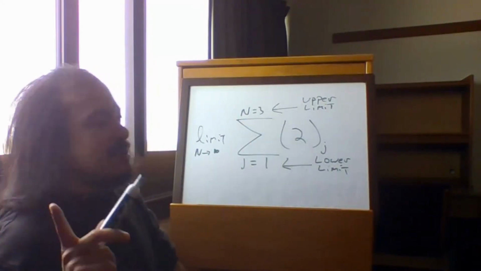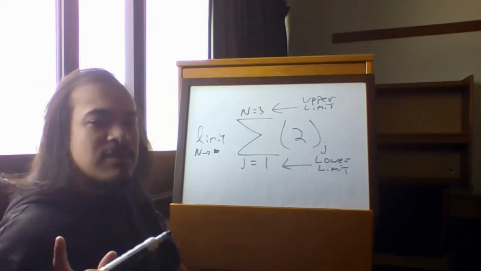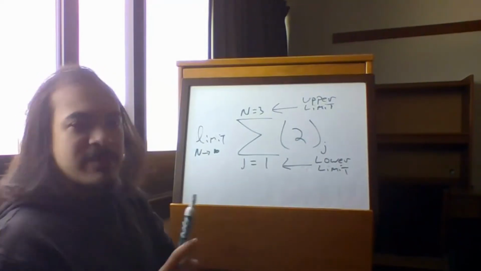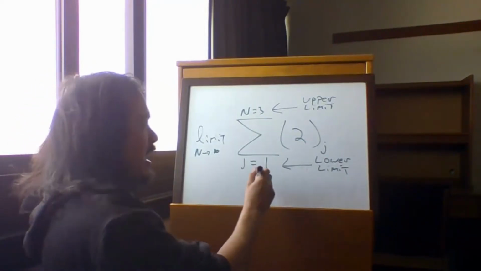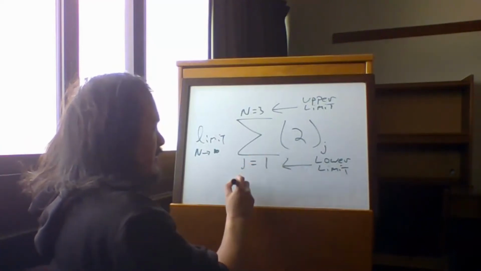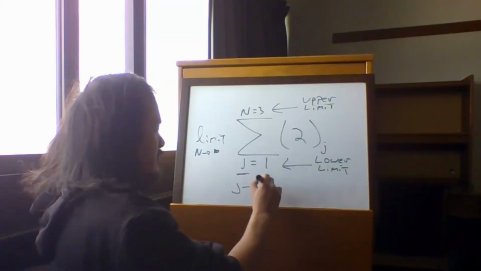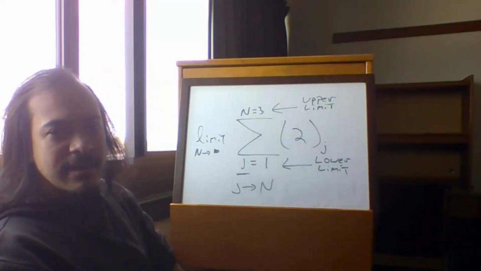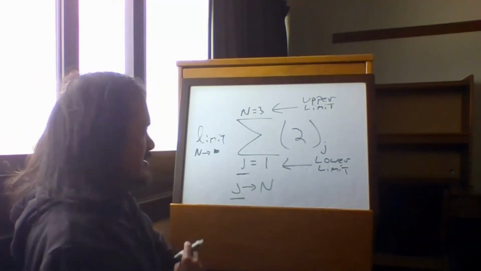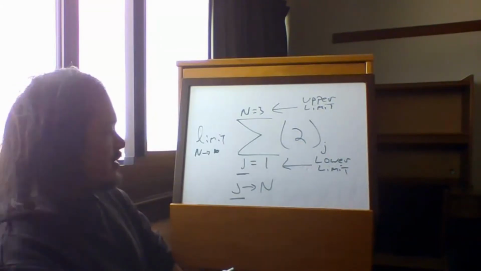If that's how you did it, you're only partially right. What really happens here is I need to count from j to n by using j increments.